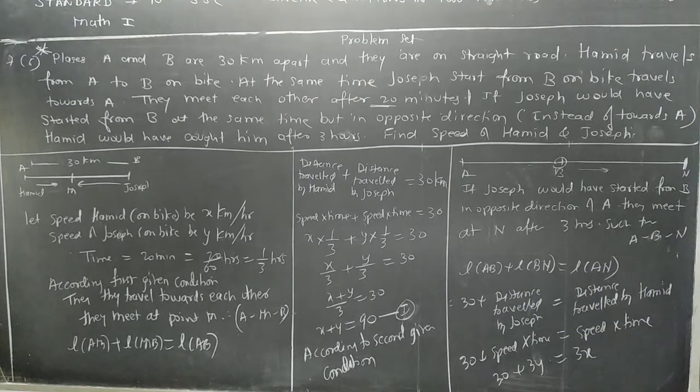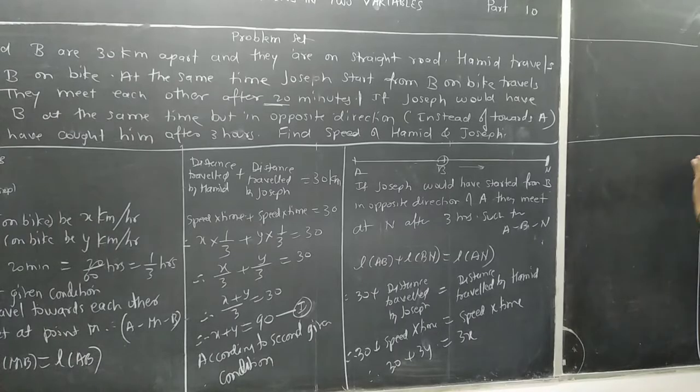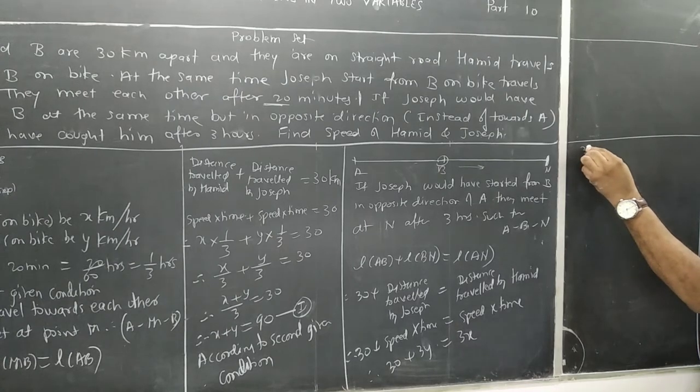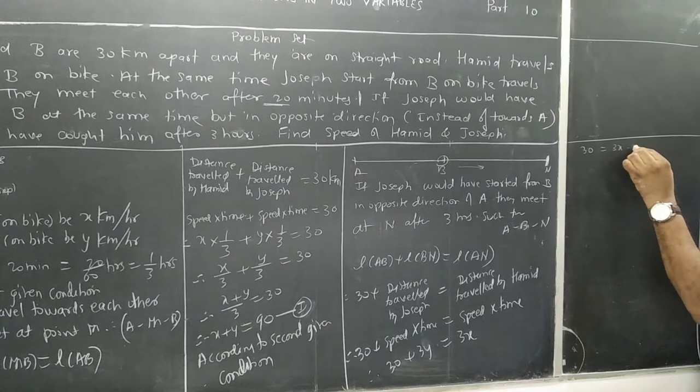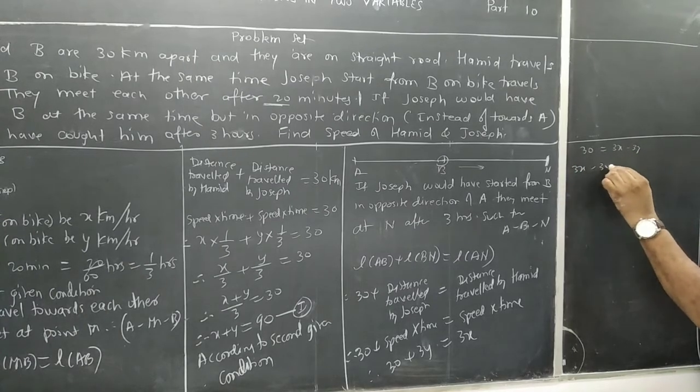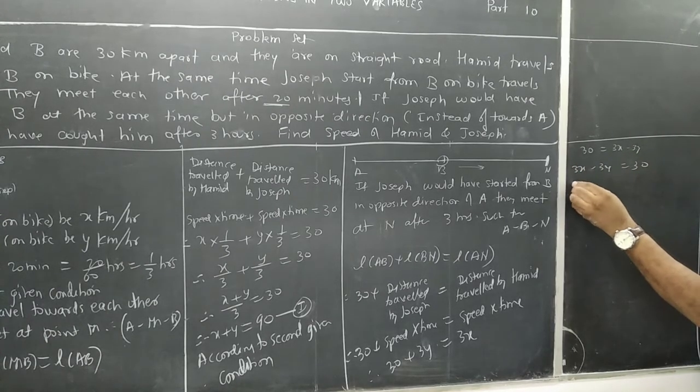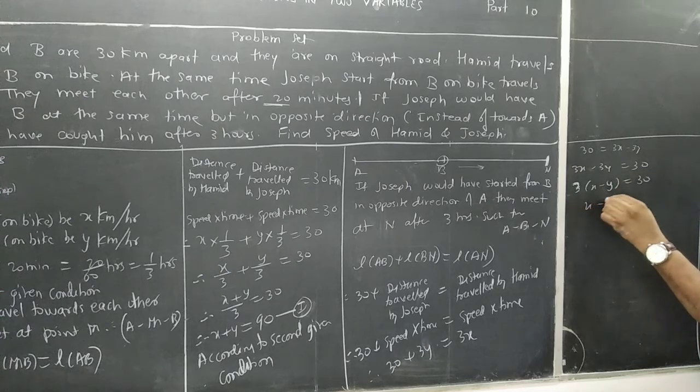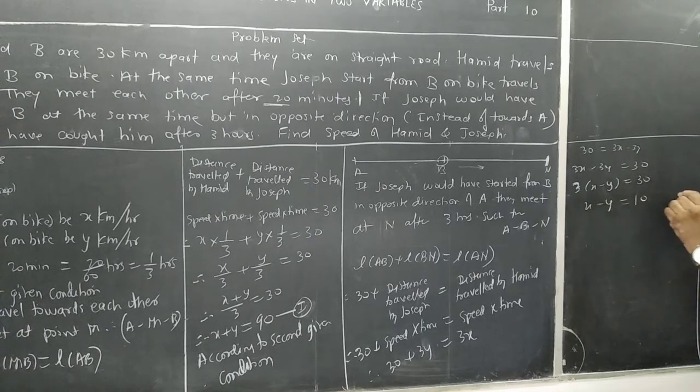So ultimately, what did you get now? 30 is equal to 3x minus 3y, or you can write 3x minus 3y is equal to 30. X minus y is equal to 10 is equation 2.